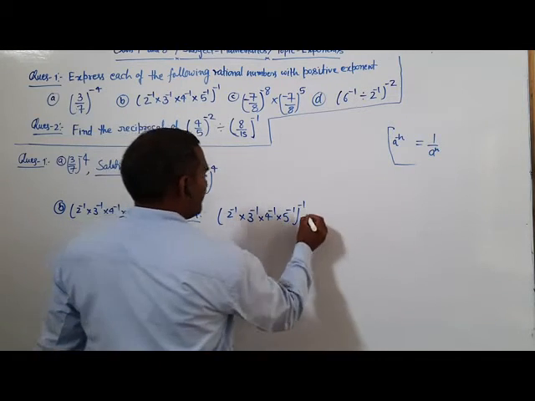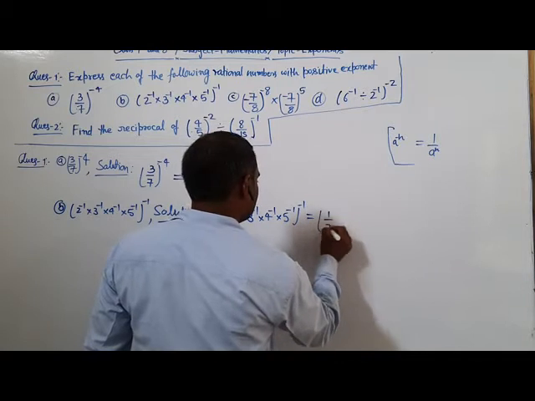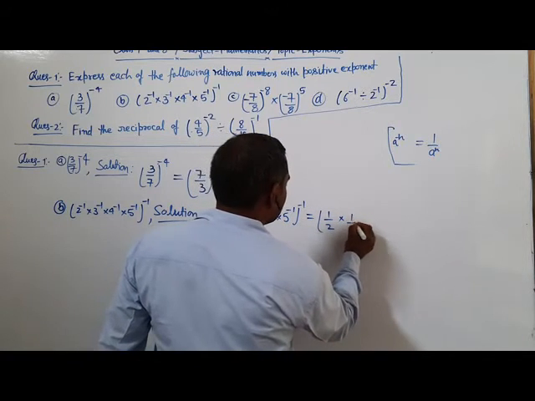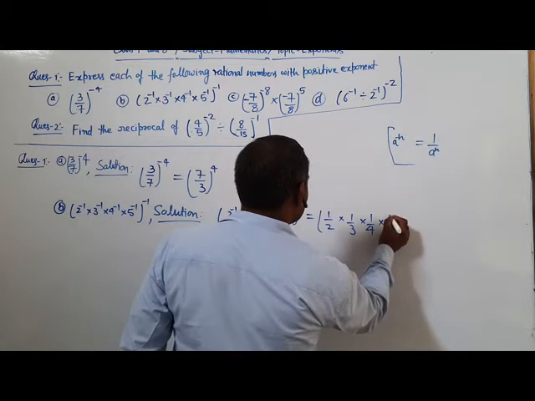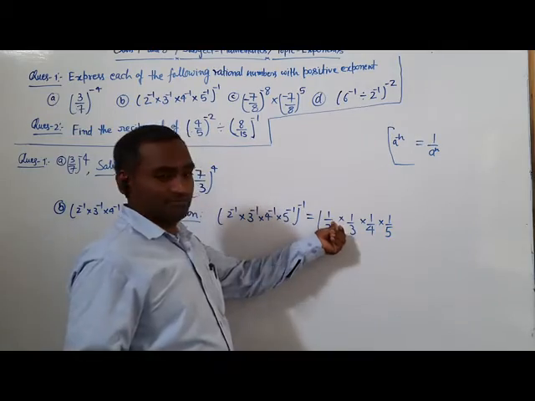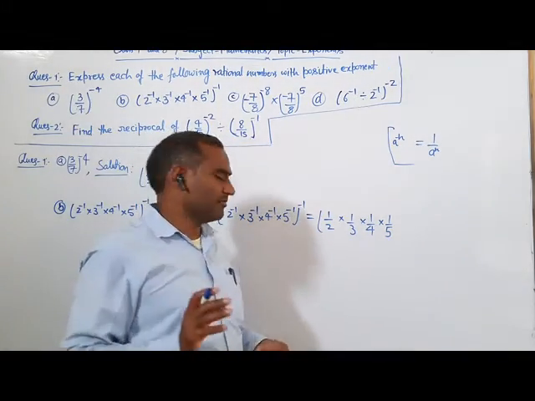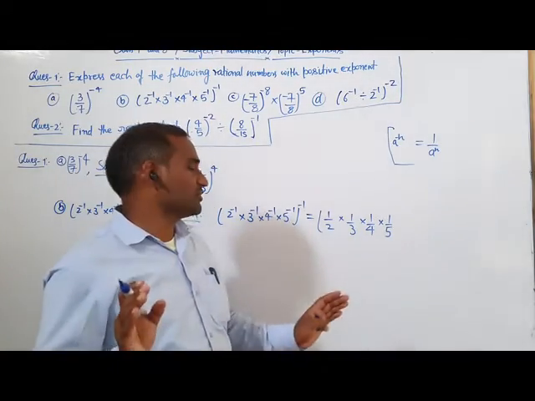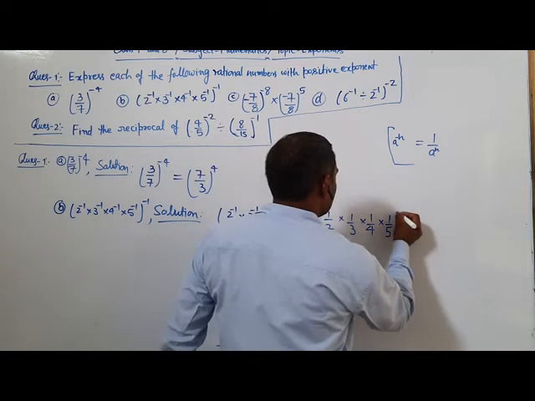So we can write 1/2 × 1/3 × 1/4 × 1/5, the whole raised to power -1.